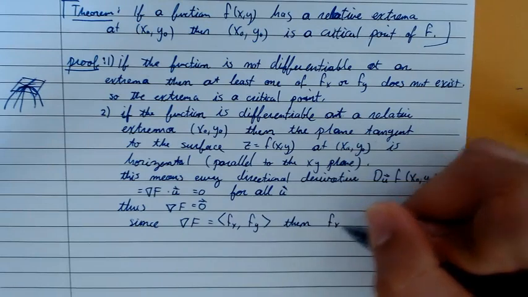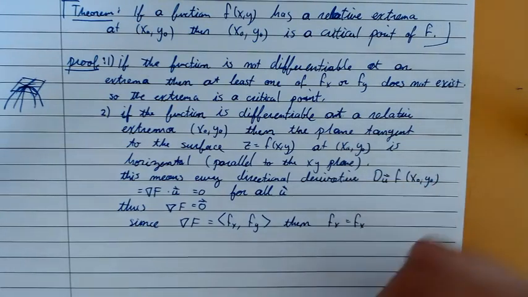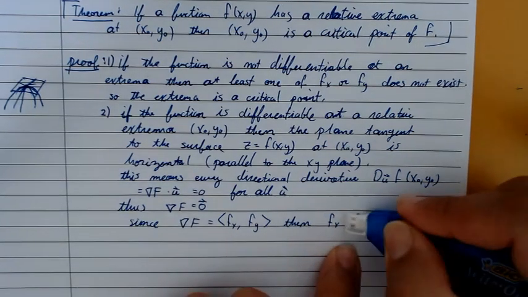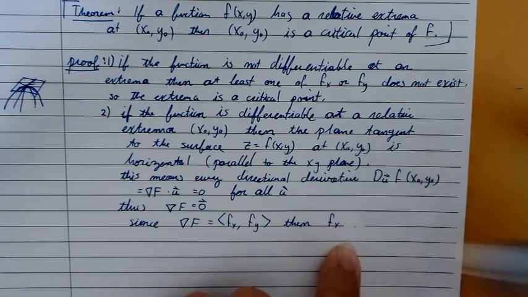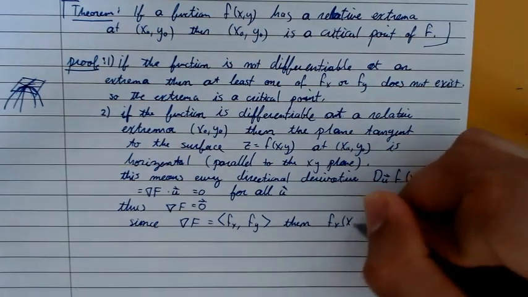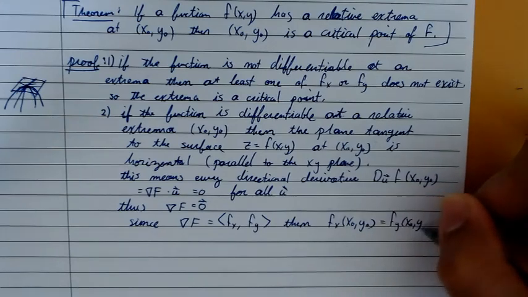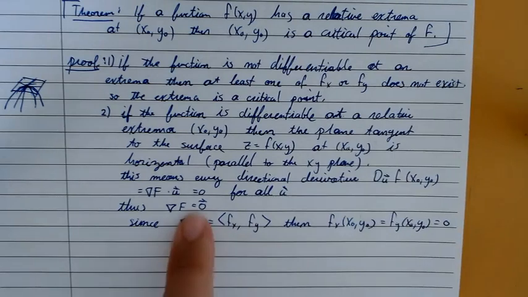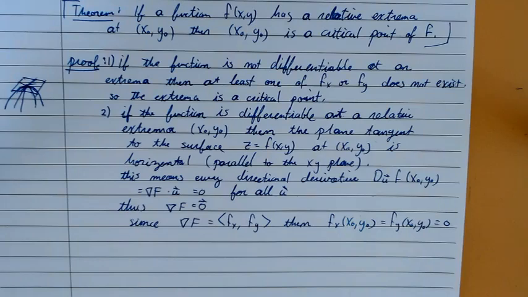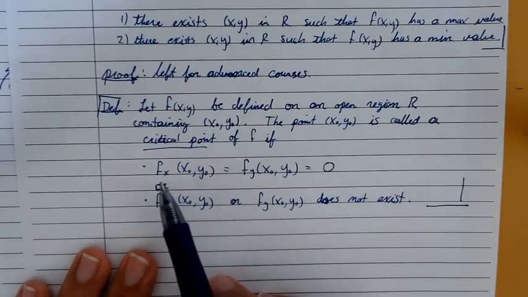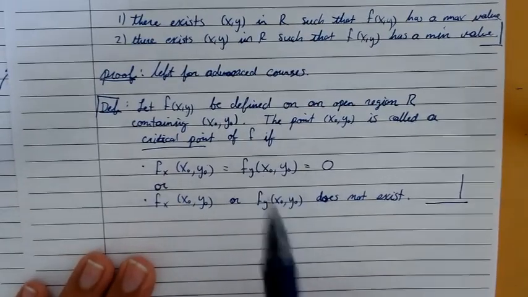So f sub x at x naught comma y naught, because this isn't generally true, it's true specifically at that point, is equal to f sub y at x naught comma y naught, which is equal to 0. In order for this to be the 0 vector, both components must be 0. By definition, my derivatives are both equal to 0 at that point, so that must make it a critical point.